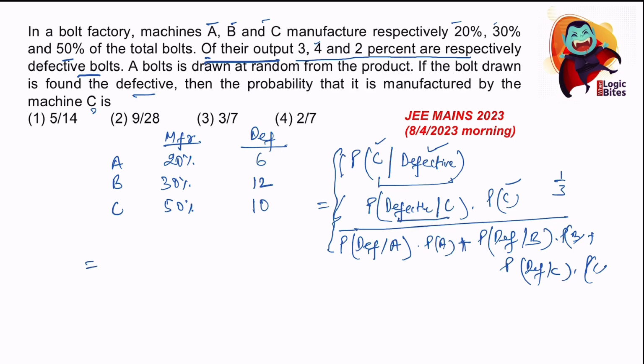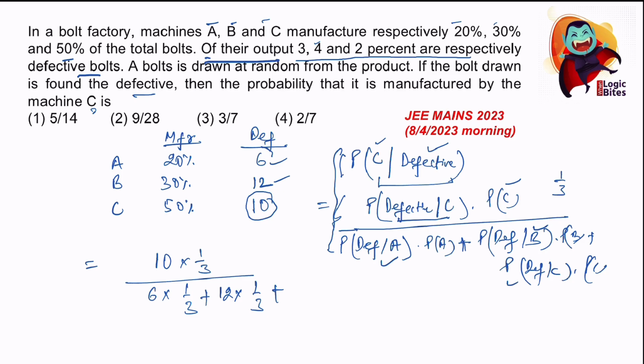In C we have 10 defective bolts. So the probability will be 10 multiplied by 1 by 3. Similarly for A it will be 6 multiplied by 1 by 3, plus from B it will be 12 multiplied by 1 by 3, plus from C again it will be 10 into 1 by 3.